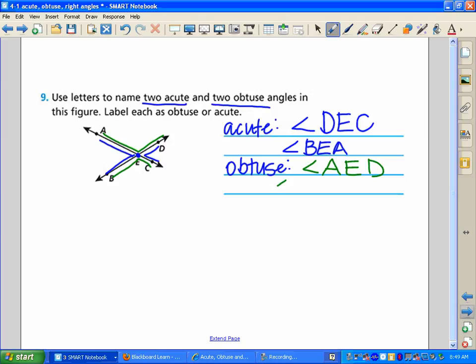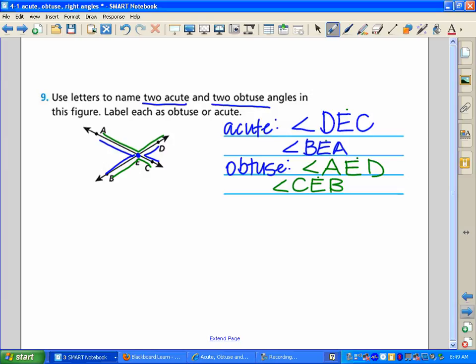So my other obtuse angle, CEB. Remember, our middle letter is always going to be our vertex, where they cross. So E is always our middle. Wherever they make that point is going to be our middle letter in naming our angles.